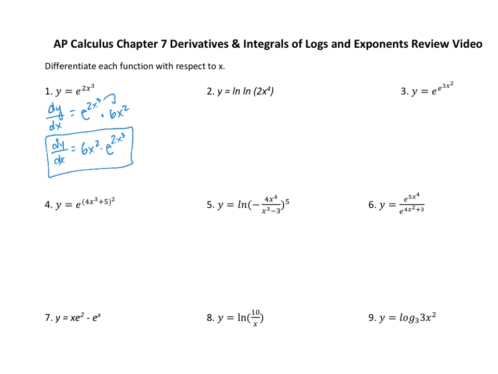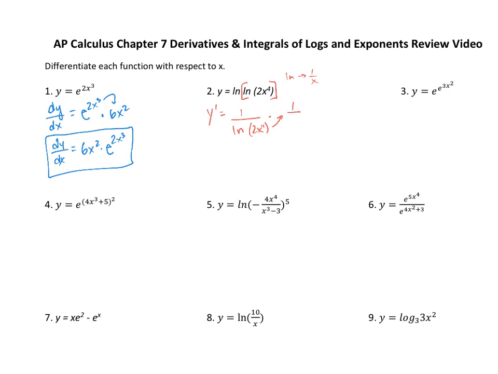All right, working on the next one, number 2, y prime. Now remember, the derivative of natural log is 1 over x. So in this case, this is the natural log of the natural log of that. So this will be 1 over ln 2x to the 4th. Now we need to chain rule this part.